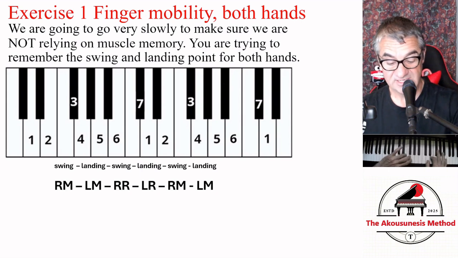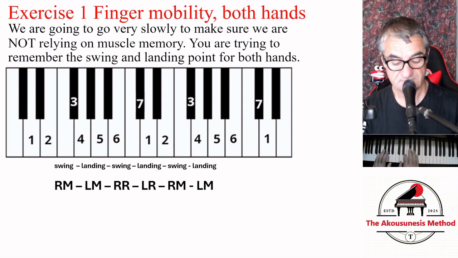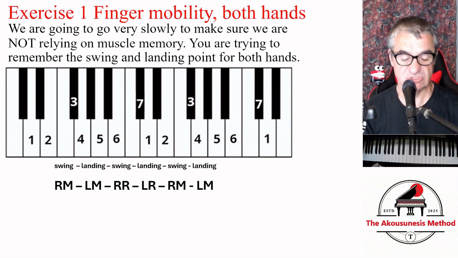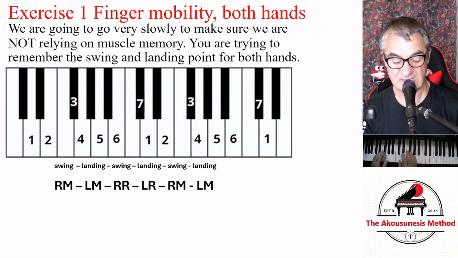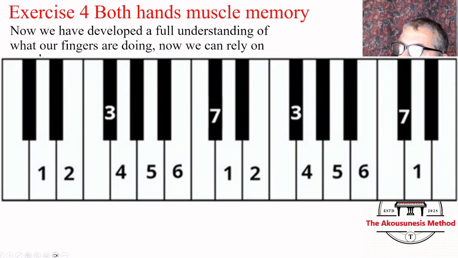Now on the ring, left ring, swing, rest point, right ring, left middle, right middle. Okay, now that's what you need to do slowly. Right, and being able to do that smooth and say that, okay? And then we're going to move on now.